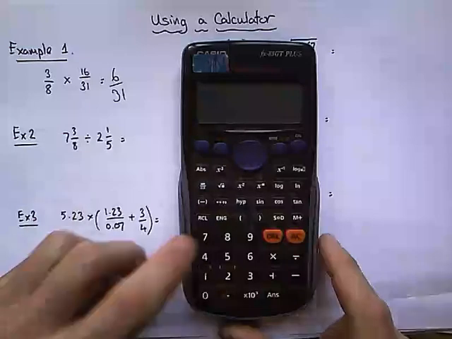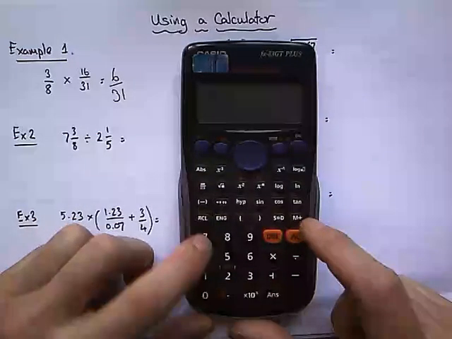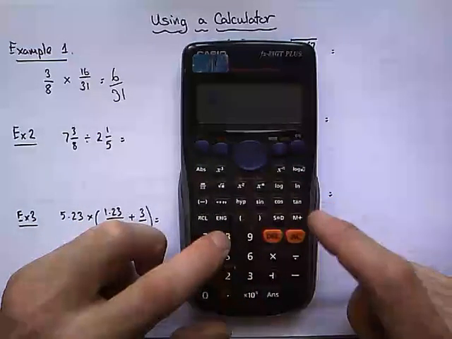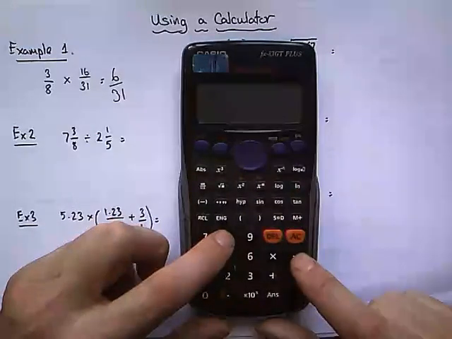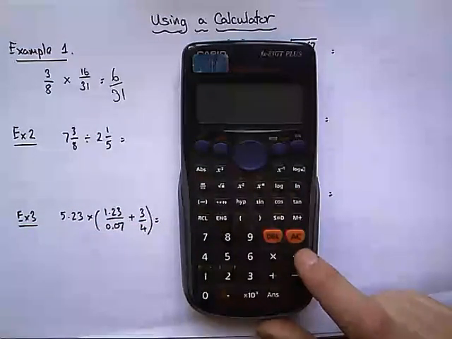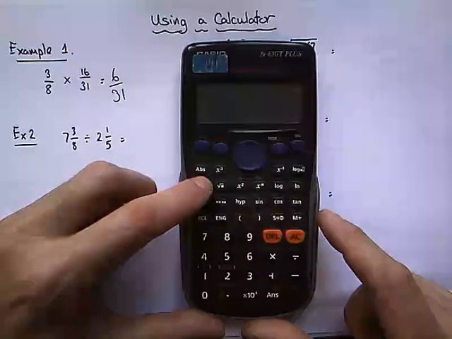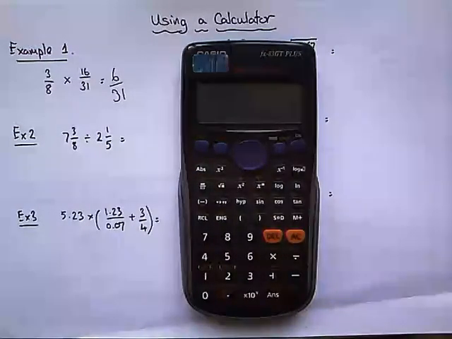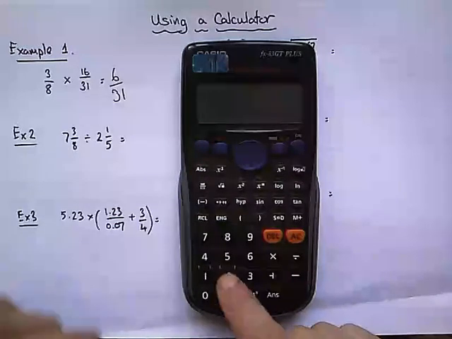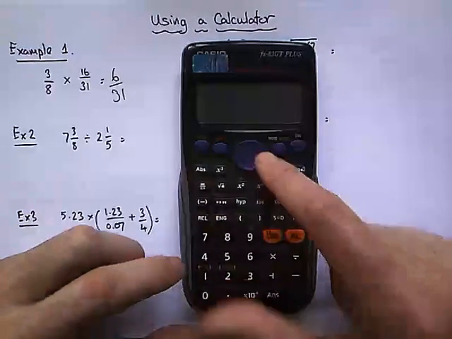So we've got 7 and 3/8. Then we divide, so we're going to press the divide button, which is below the AC button, divided by shift, and then the fraction button again, and that gets you a mixed number, and that's 2 and 1/5.